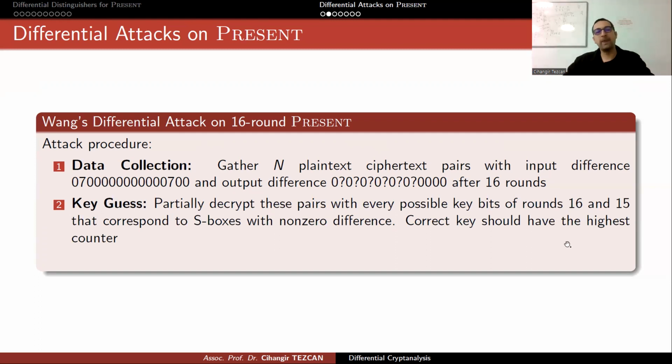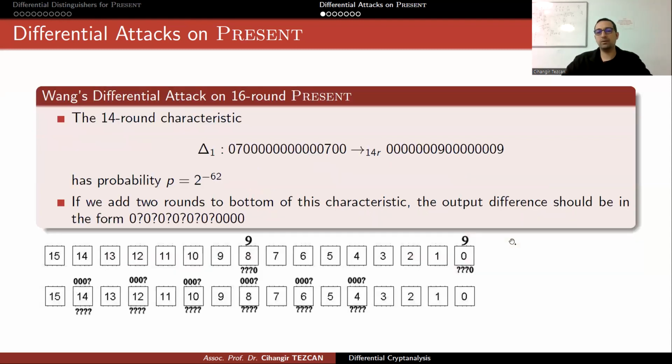So, key guess: partially decrypt these pairs, meaning the ciphertexts, with every possible key bits of rounds 16 and 15 that correspond to S boxes with non-zero differences. The correct key should have the highest counter. By counter, we mean you increase the counter of that key if you observe this difference.